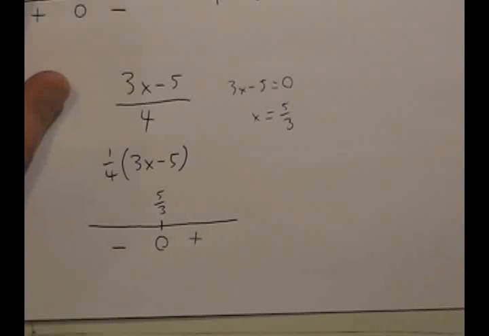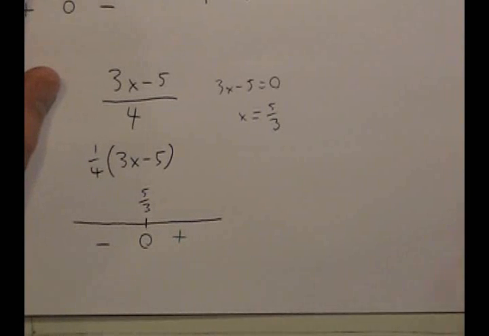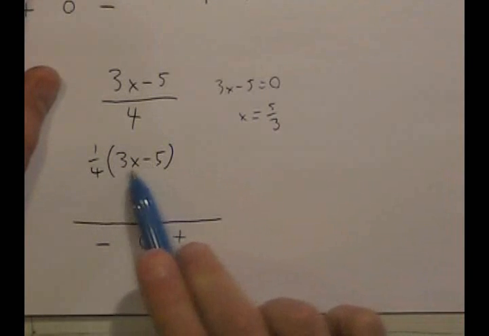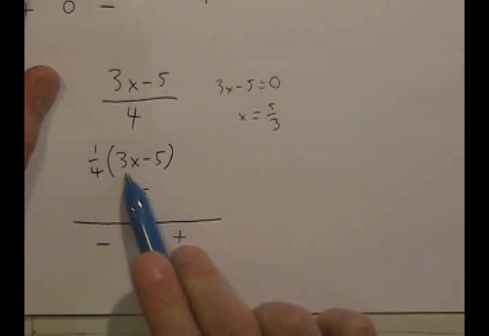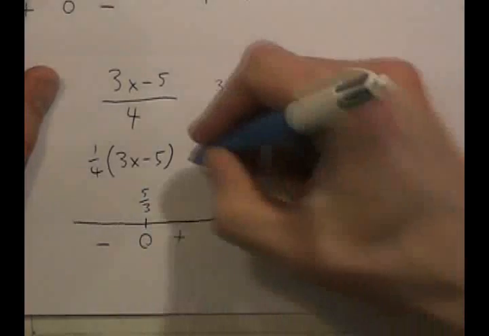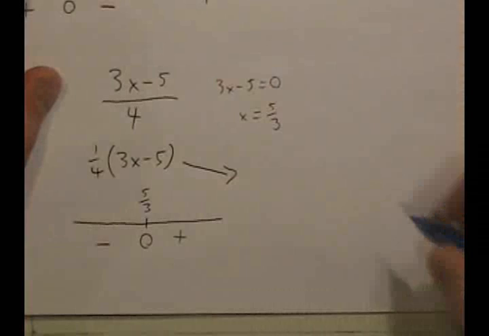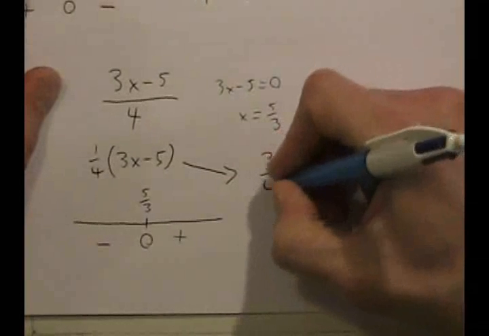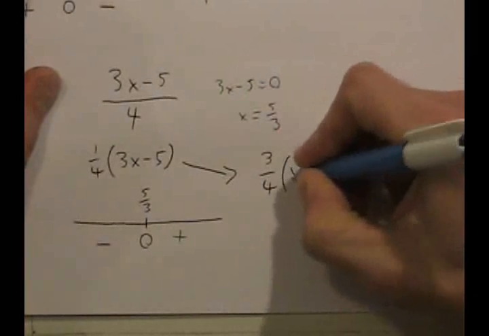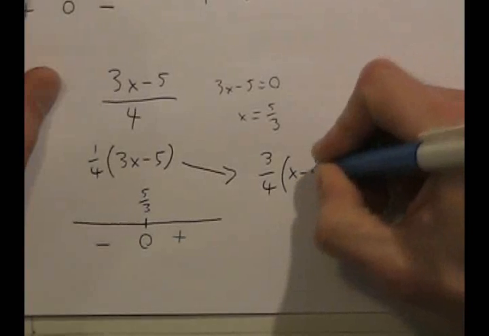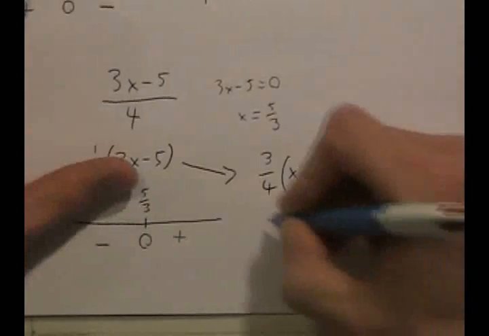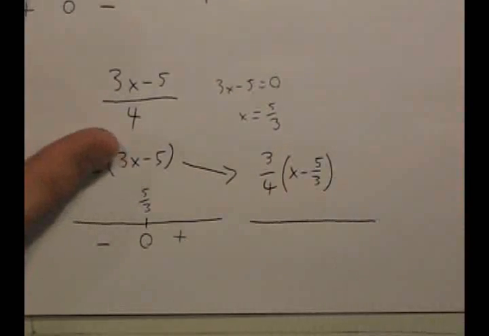Pretty much the same exact thing, I'll do it again, is to start from here. If we factor the 3 out of this, we could instead get 3/4, a positive number, out front times x minus 5/3. There's your 5/3 that we got in the other problem.